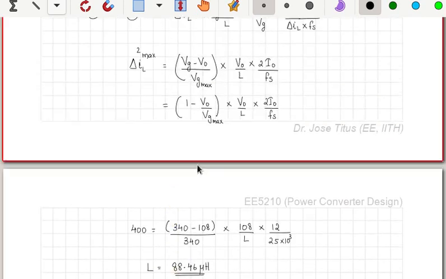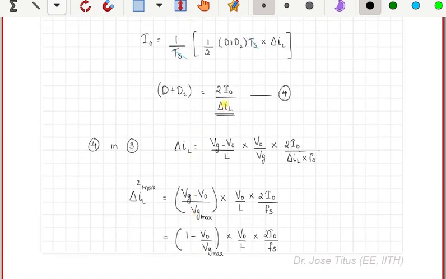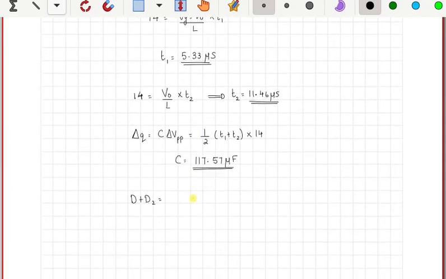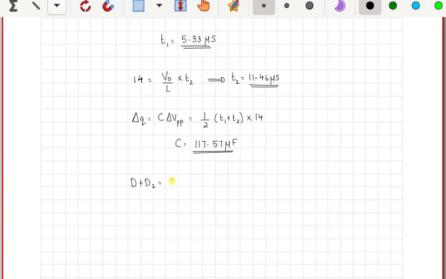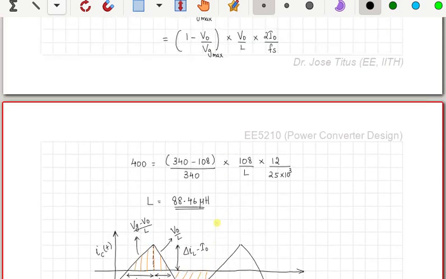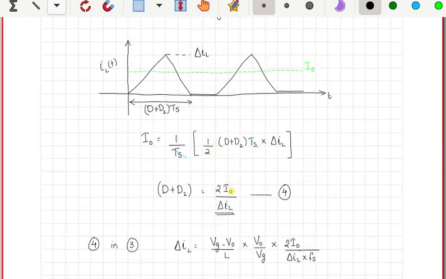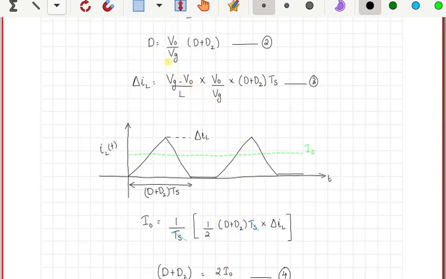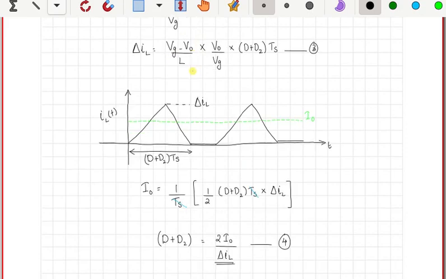We have seen that D plus D2 is 2I0 by delta IL, so you can calculate that. 2I0 is 12 divided by delta IL is 20, so you have D plus D2 of 0.6. But again, that does not give you the value of D, so you can go and use this next equation, which says that D is equal to Vo by Vg into D plus D2.